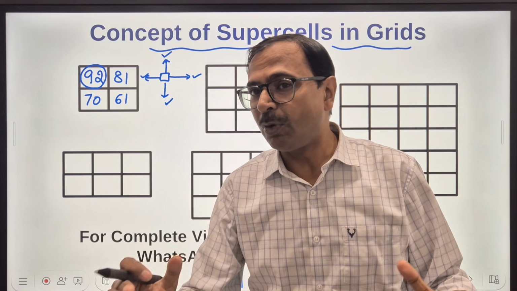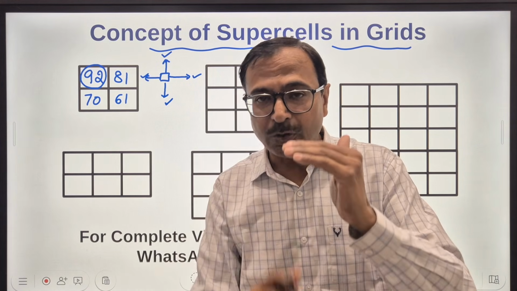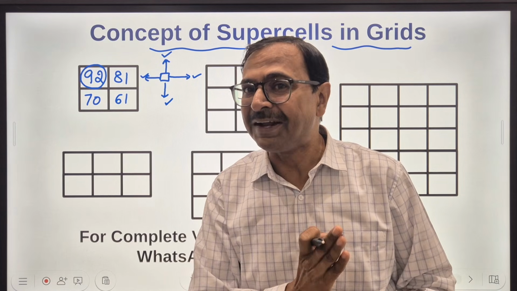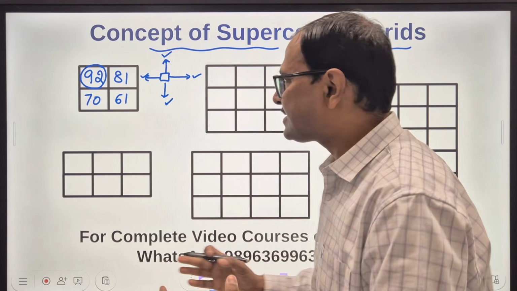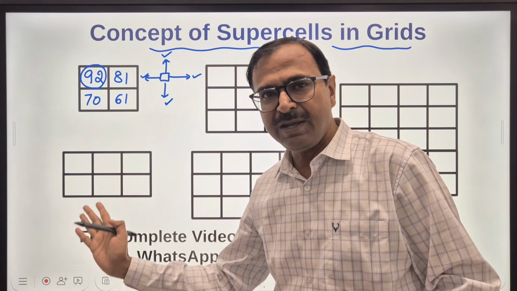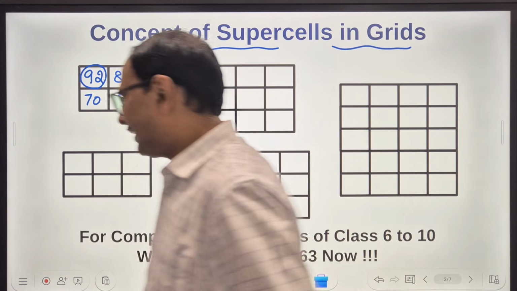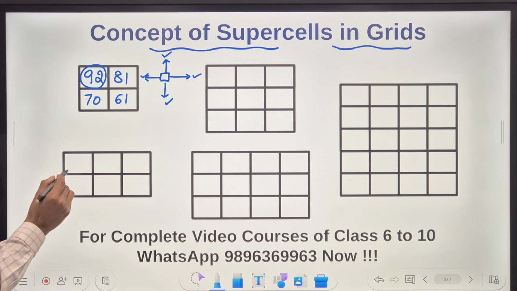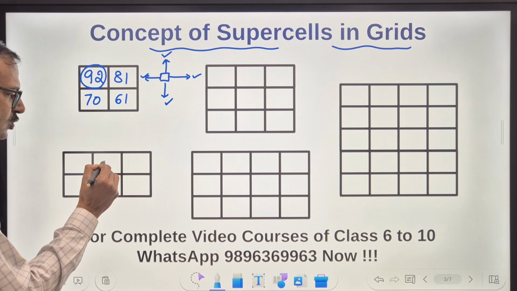Remember, when we are talking about neighbors, it is the top neighbor, the bottom, the right or the left neighbors, not the diagonal neighbors. Okay, let's understand this using a 3 by 2 grid. Suppose I want this to be a supercell.